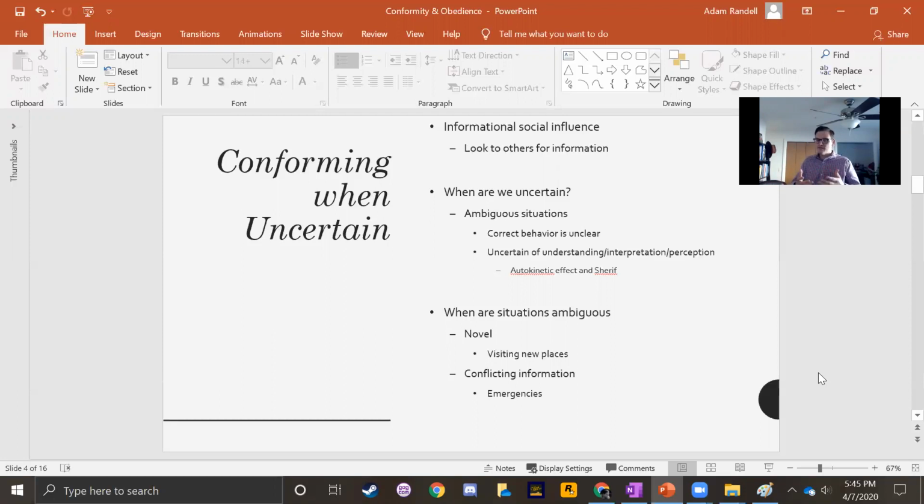And so what Sherif found is that, because he did this more than once, after multiple trials, so he'd do it once, everybody estimate, then he'd turn off the lights, shine the light on the front wall again, turn it off, turn the lights back on, do it all again. He repeated that several times.